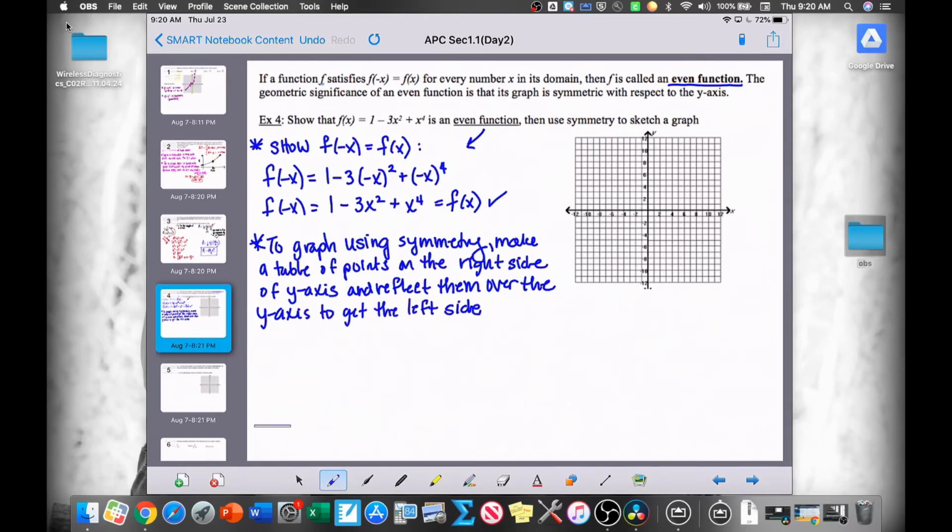Okay, and you could just as easily pick some points on the left side, figure those out, and reflect them over to get the right side.